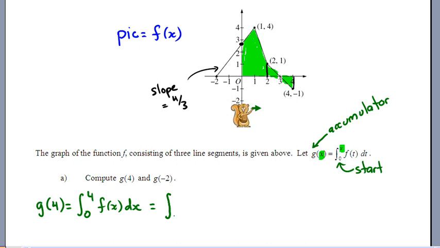I'm going to say, okay, why don't we figure out the area gathered from 0 to 1, a little trapezoid going on there. And then we're going to go from 1 to 2. I'm not even going to bother going from 2 to 4 because I know that that part is 0. Right? So there's like another 0 added on the end from that little bow tie feature that's there.